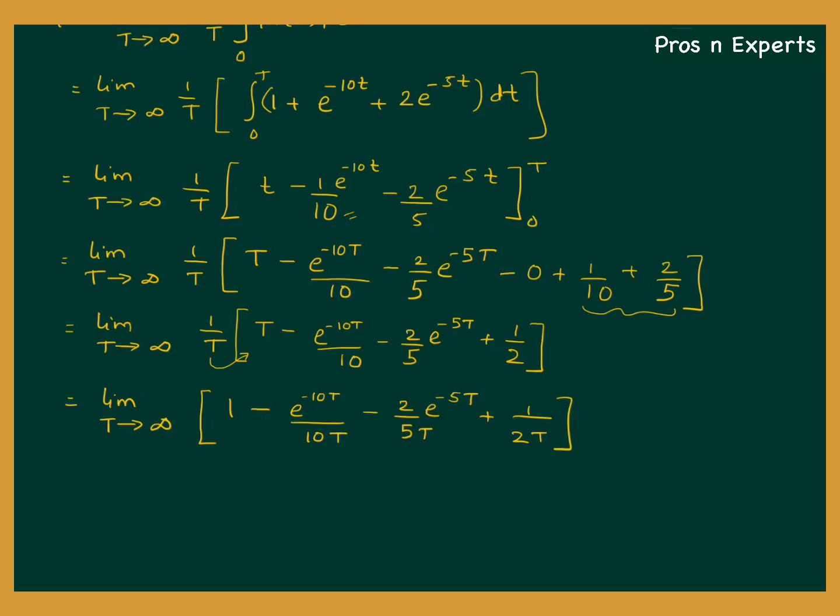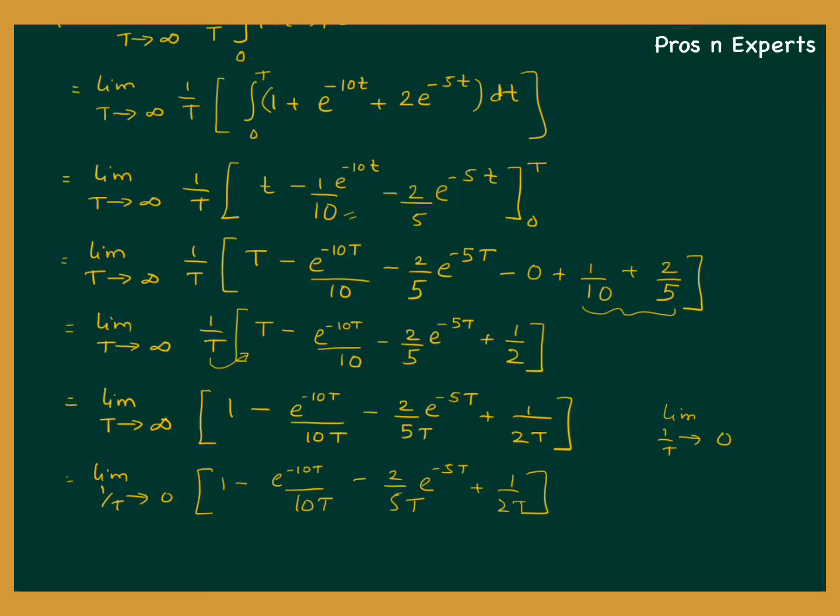Now from this equation, limit T is tending to infinity. So limit 1 by T will tend to 0, right? So we can write it as limit 1 by T tending to 0, 1 minus e raised to minus 10T by 10T minus 2 by 5 e raised to minus 5T by T plus 1 by 2T.